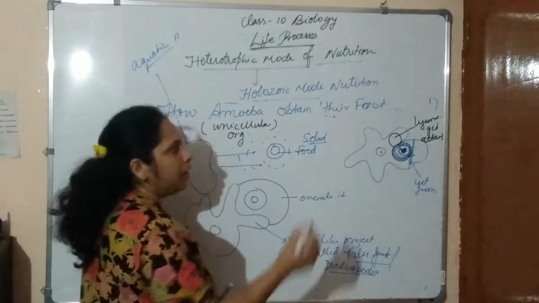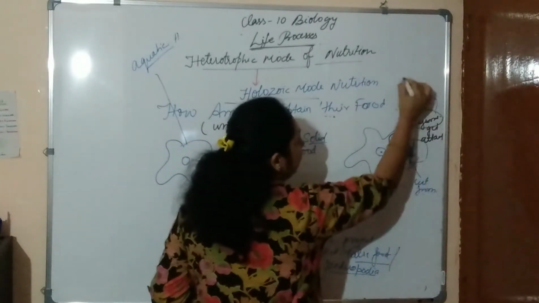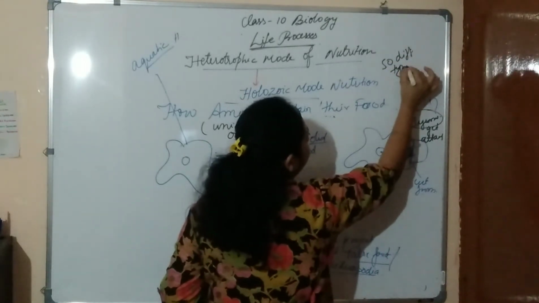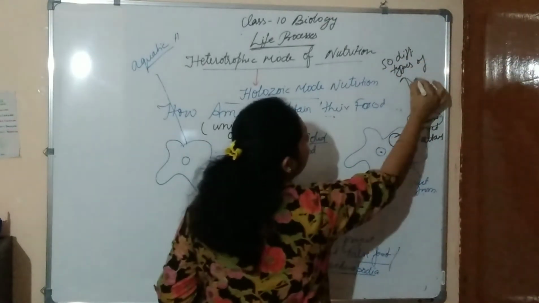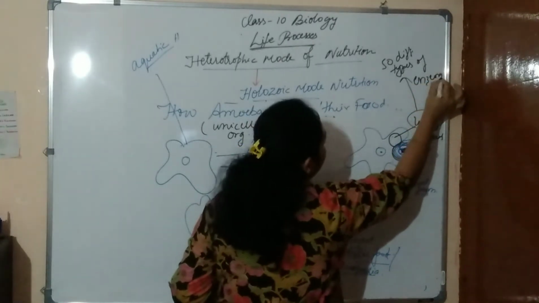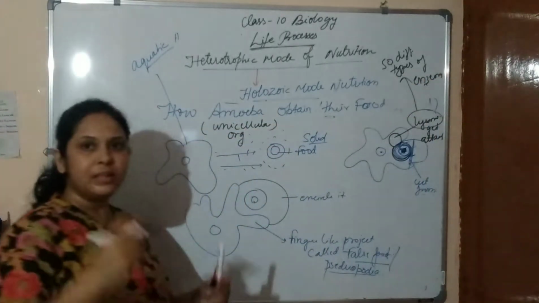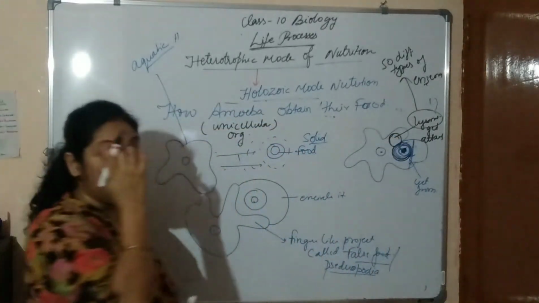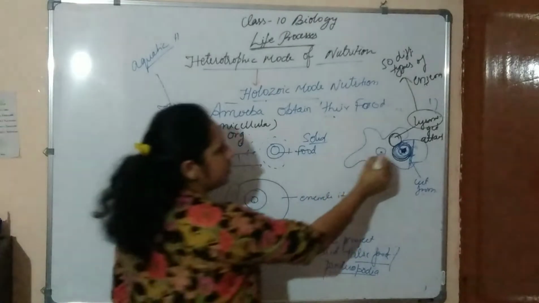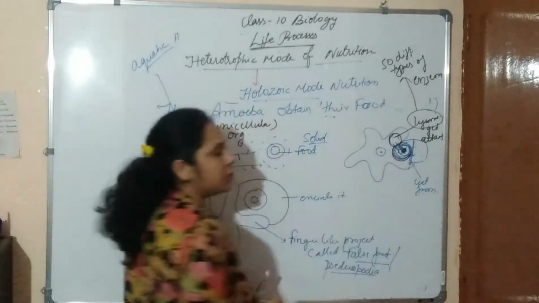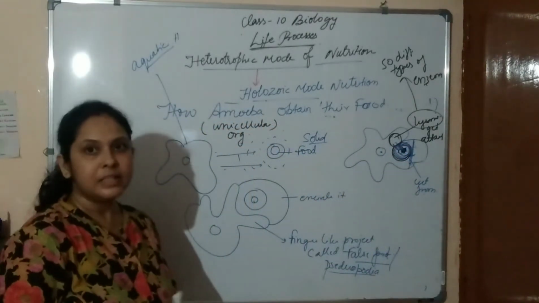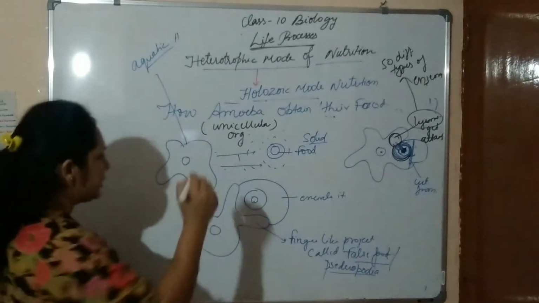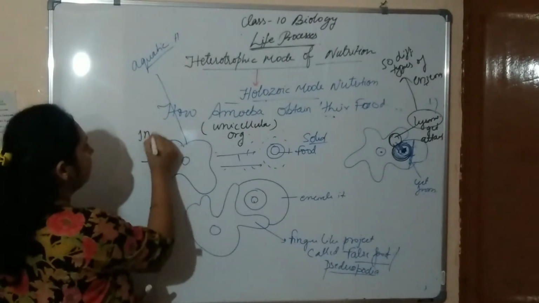We know that lysosomes contain 50 different types of enzymes. When these lysosomes attach to this food vacuole, there is digestion of food inside the amoeba. So what happens in the first step? It is ingestion.